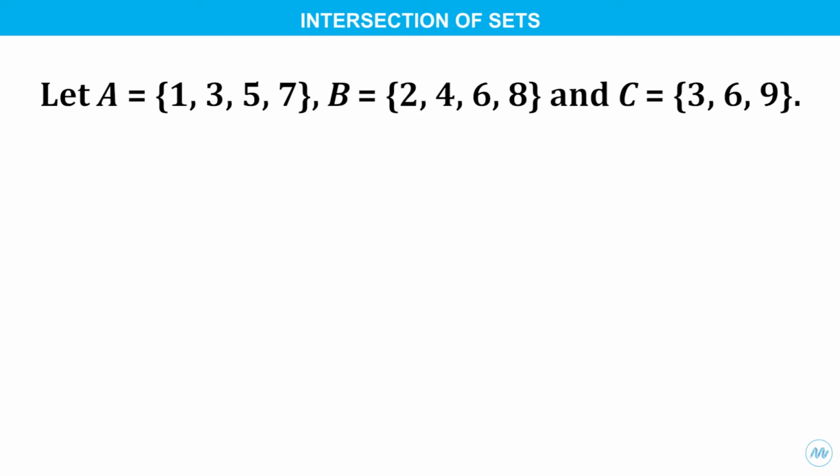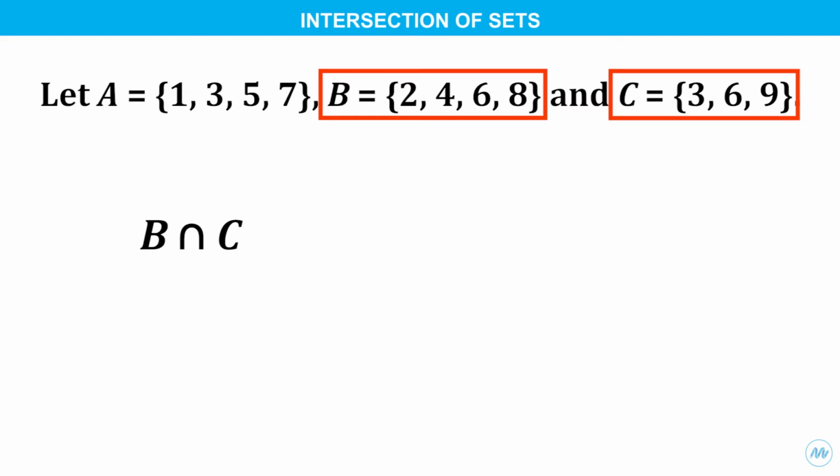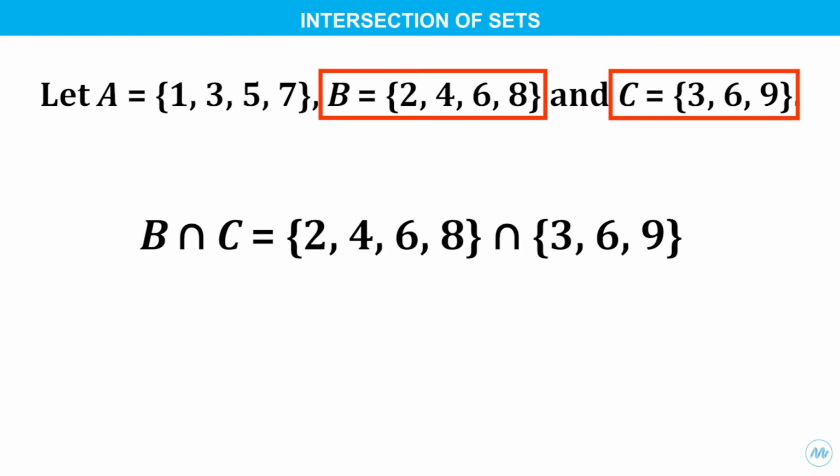Again, let us use the sets A whose elements are 1, 3, 5, 7, B whose elements are 2, 4, 6, 8, and C whose elements are 3, 6, 9. To form the intersection of sets B and C, we simply put all the common elements in one set.